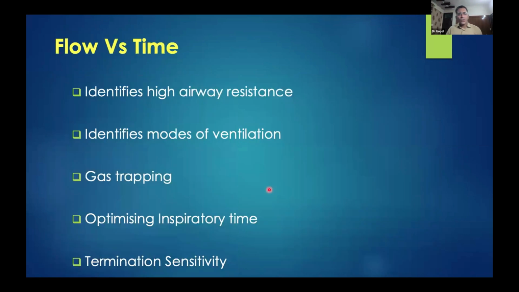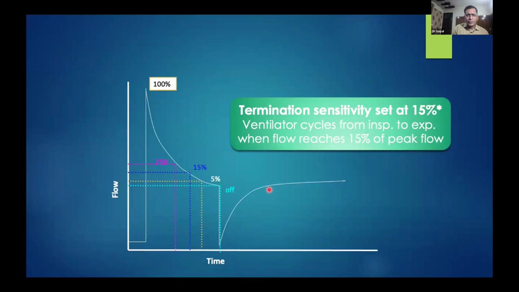Okay. So the last utility of the flow versus time graphic is termination sensitivity. Normally, the flow time curve is usually used in pressure support ventilation. So suppose I set a termination sensitivity of 15%. What does that mean?